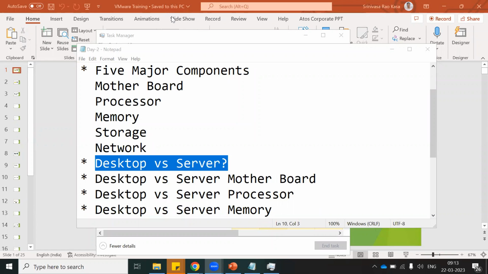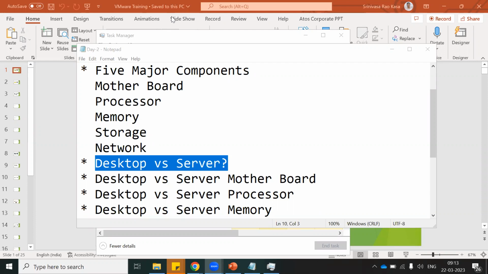Based on the users, we are going to decide whether I need to go with a laptop or I need to go with a server, right? Not only that, for example, there is the IRCTC website. How many users are going to log into that website?